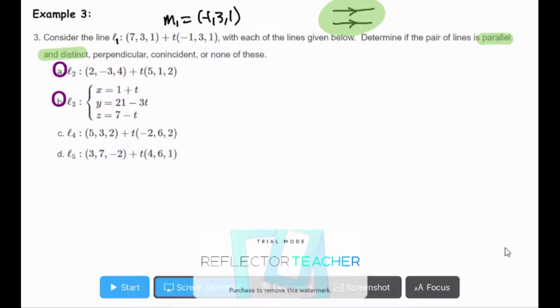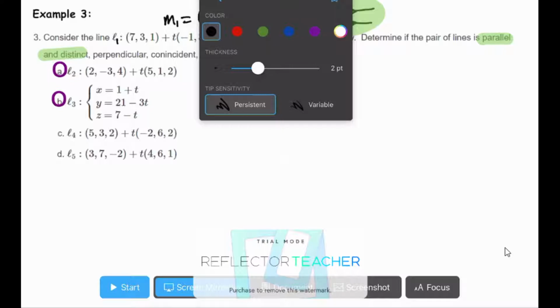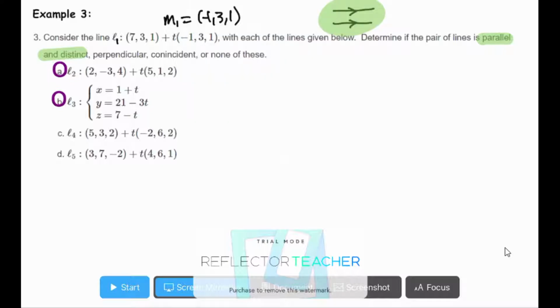I'll come back to perpendicular in a moment. I think we know what that means anyway. Coincident is if the lines run in exactly the same location. So we can think of it in terms of our vector equation having the same starting point and having equivalent direction vectors. So this is going to be our coincident, which I will color code a little differently. There is a typo there.